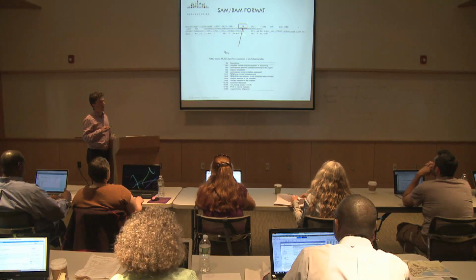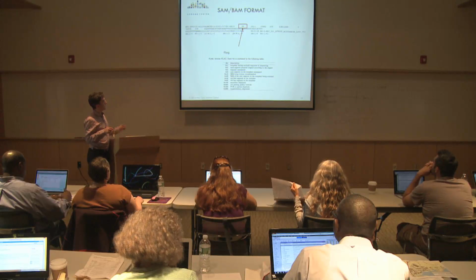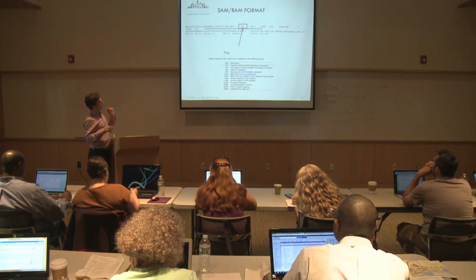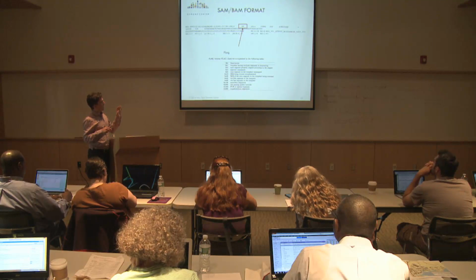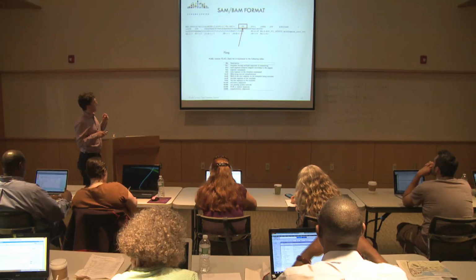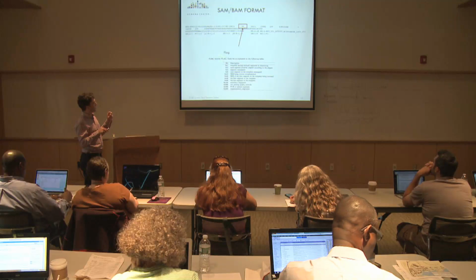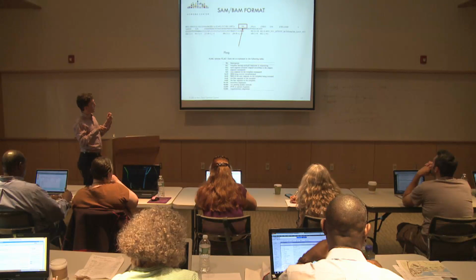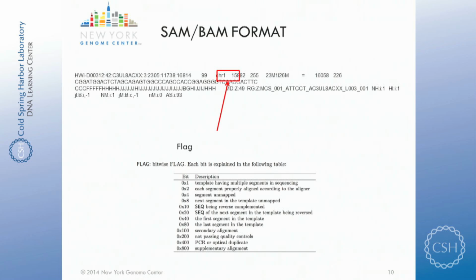Here is what we call the flag, and the flag is described in the specification of the SAM format. It's bitwise, so this basically adds up, and 99 is a sum of different flags. It tells you if the read is mapped or unmapped.